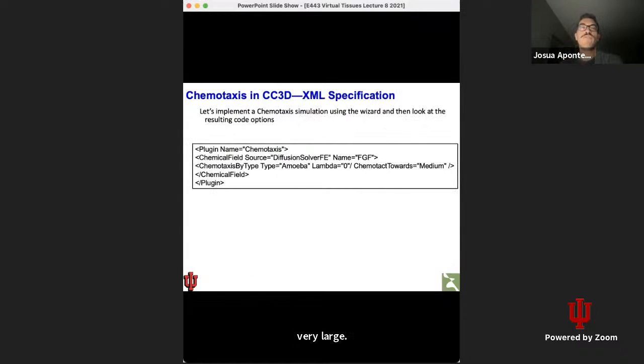So the simplest way of specifying chemotaxis in CompuCell is to do it through the XML. We do this by loading the chemotaxis plugin. Once we load it, we need to specify which cell type is moving due to the gradient, what field is causing the cell to chemotax, and then the associated lambda chemotaxis.